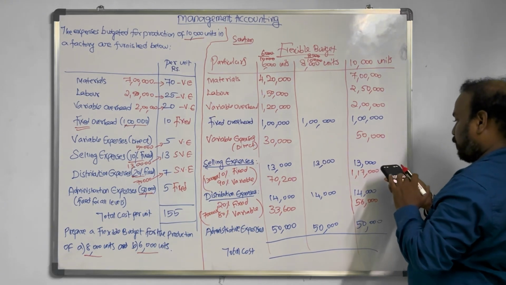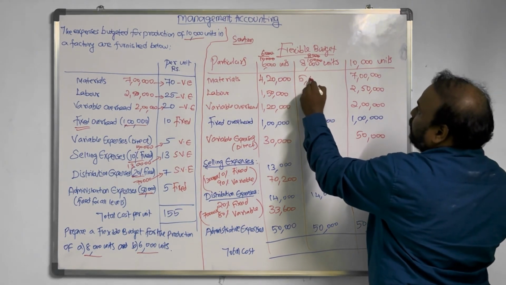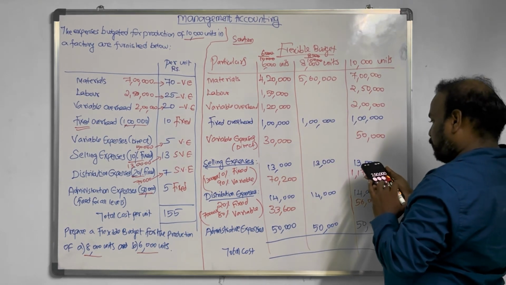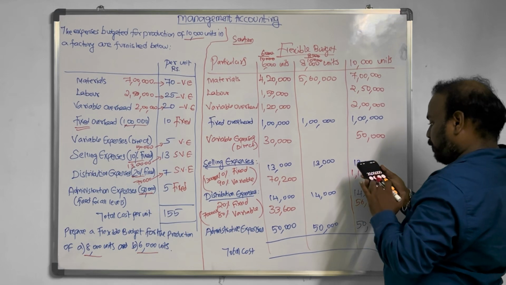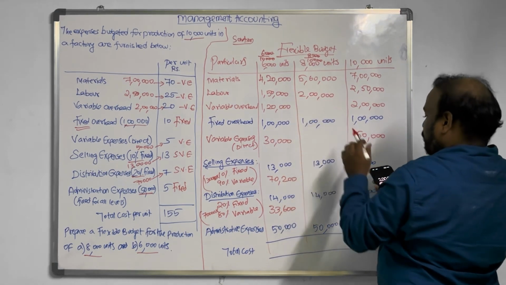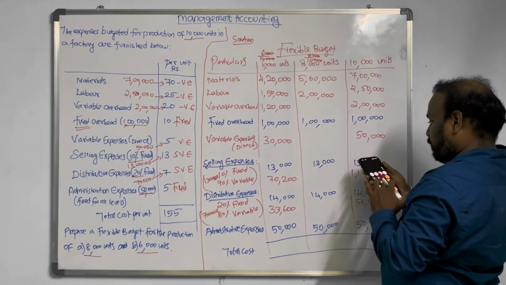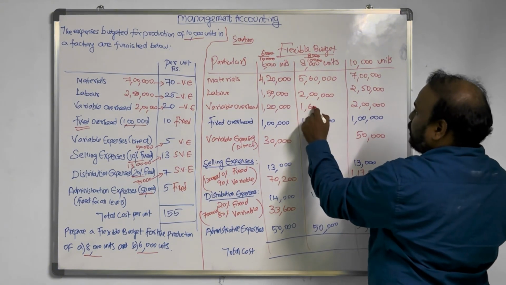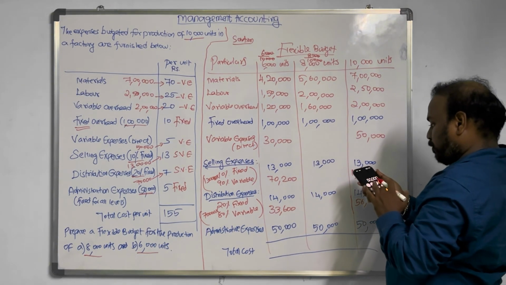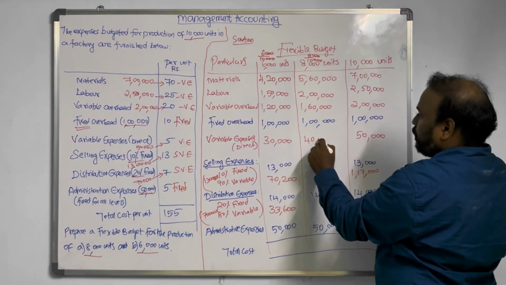7 lakh into 8 divided by 10, you are getting 5,60,000. Then 2,50,000 into 8 divided by 10 is 2 lakh. Then 2 lakh into 8 divided by 10, you are getting 1,60,000. Then 50,000 into 8 divided by 10 is 40,000.